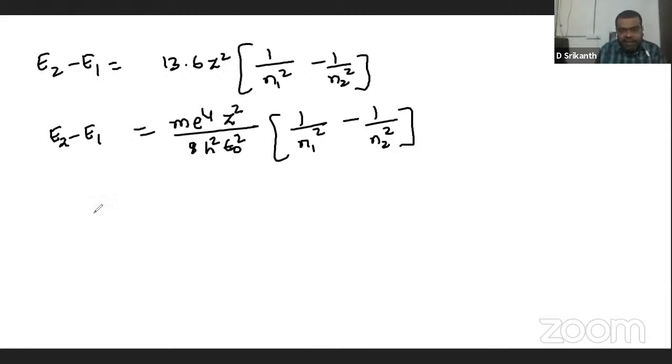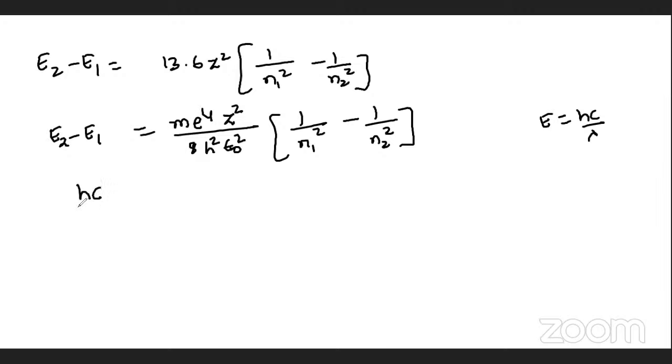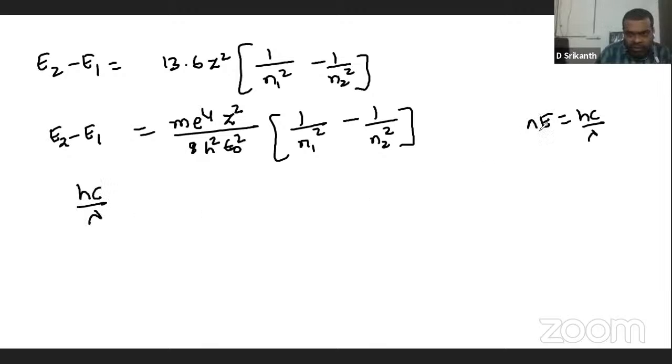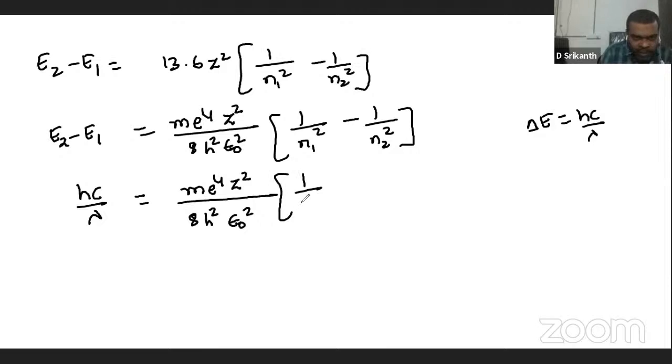Change in energy. Now, here we know that energy is equal to hc by lambda. Right? So delta E, the change in energy, equals hc by lambda, that is m e power 4 Z square by 8 h square epsilon naught square into 1 by n1 square minus 1 by n2 square.